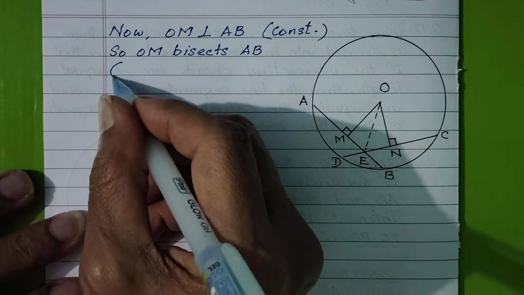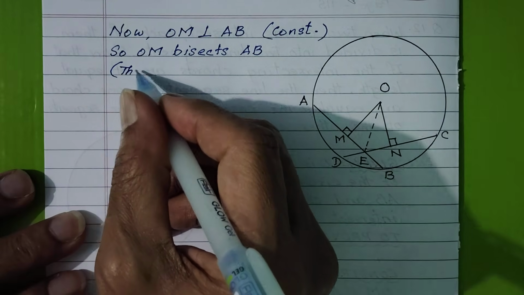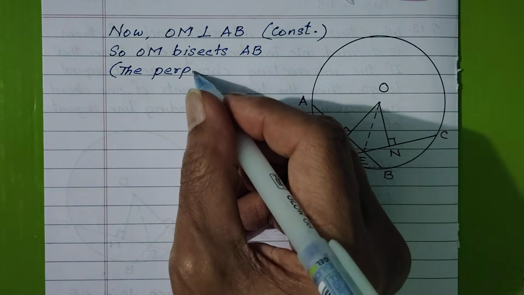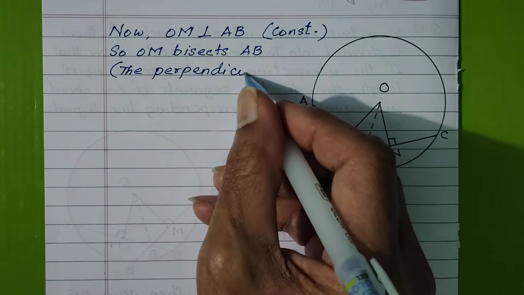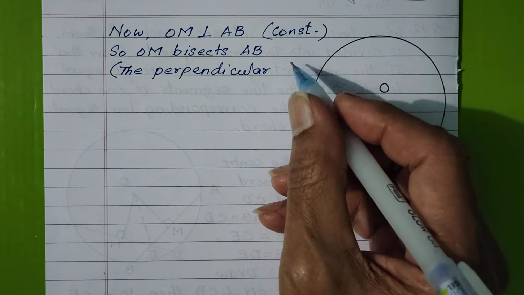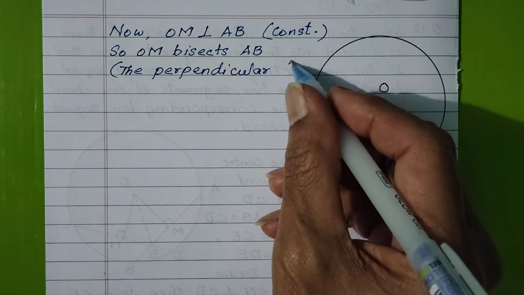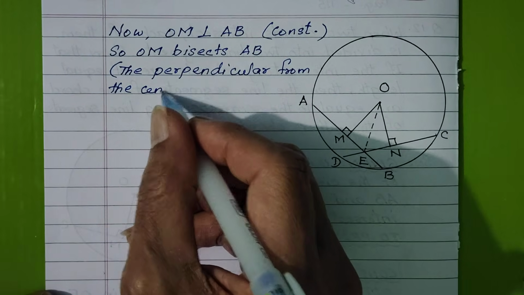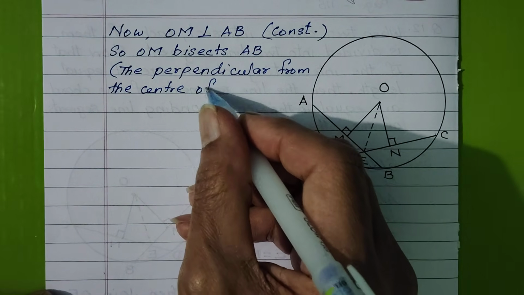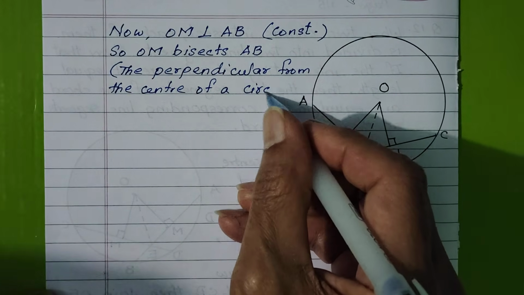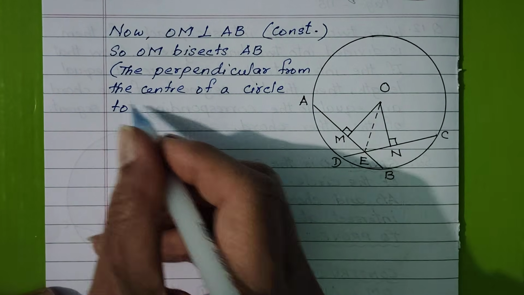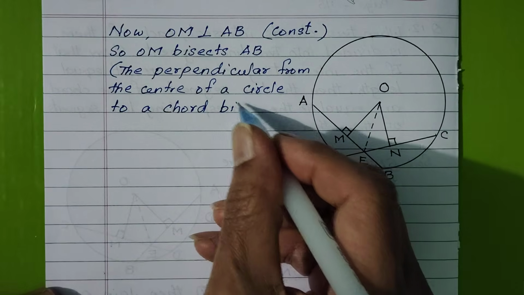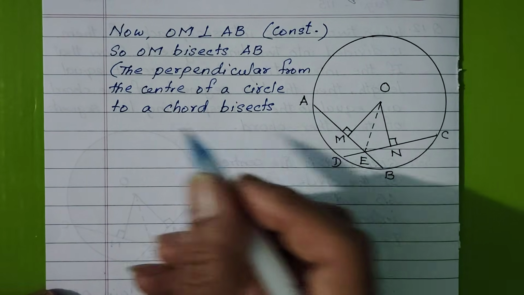There is a theorem that states that the perpendicular from the center of a circle to a chord bisects the chord.